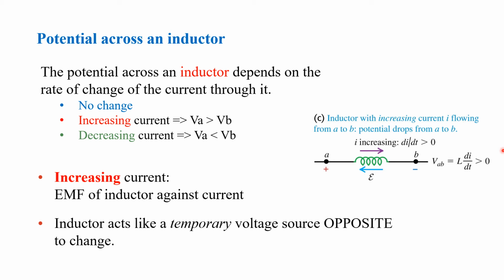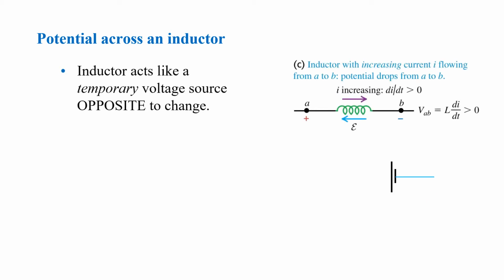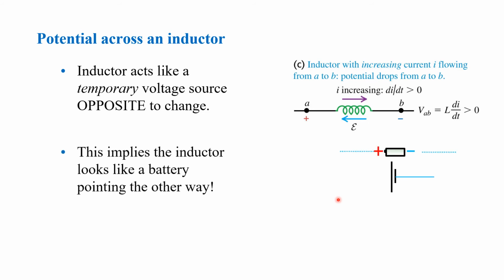Your inductor actually acts like a temporary voltage storage or a temporary voltage source which is opposite to change. And again, this implies that the inductor looks like a battery pointing the other way. If you have this increasing current here, since your inductor opposes the change, it seems that your inductor is actually pushing your current back to the other side.